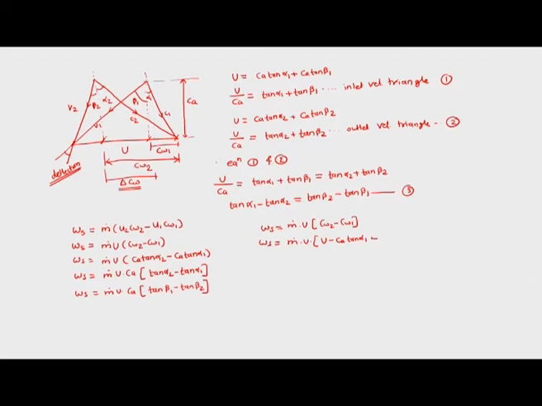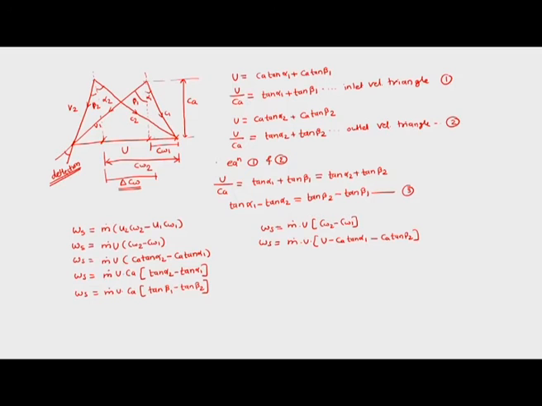CW2 is written, then we have to write about CW1. So CW1 is equal to Ca tan beta 2. Ca tan beta 2 is this length. So this is the expression we can write for CW2 minus CW1.